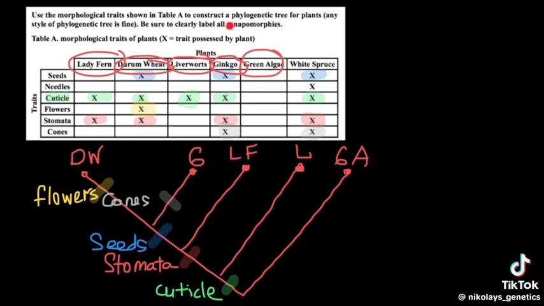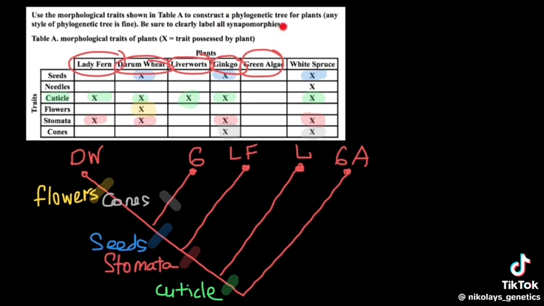By the way, synapomorphy means that a trait had to develop in the common ancestor, and we do not take into account the possibility that traits can develop independently.